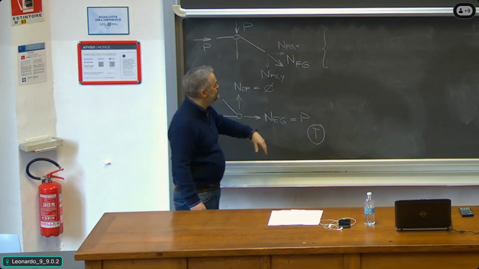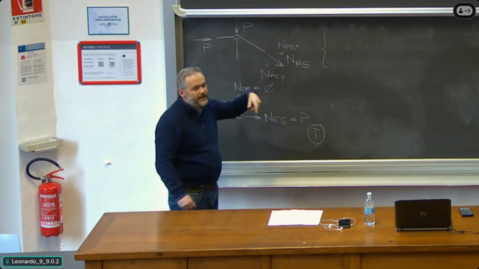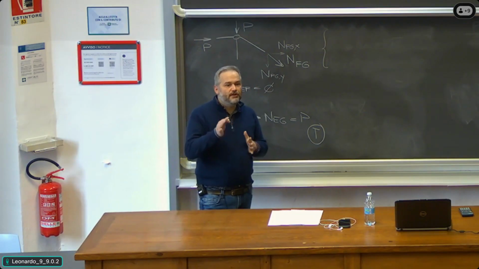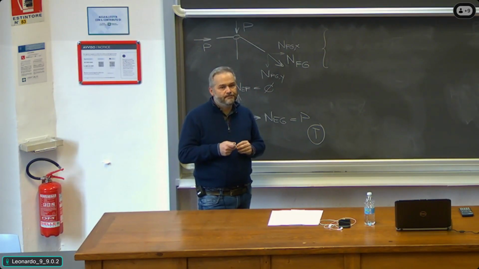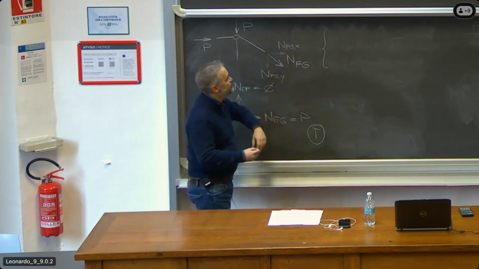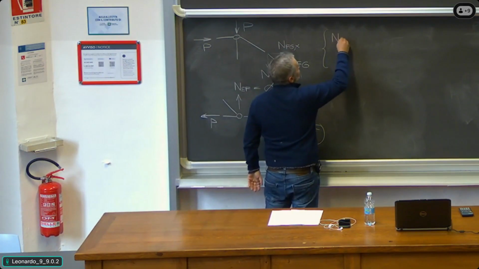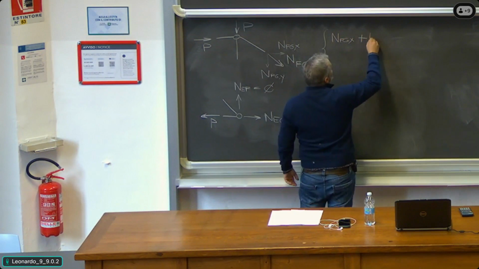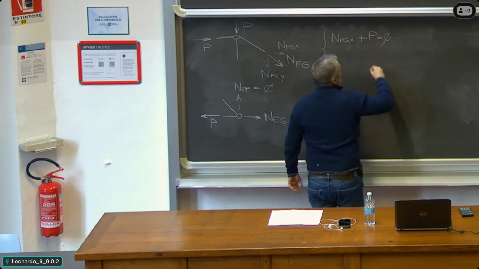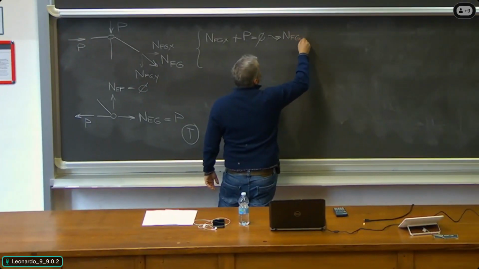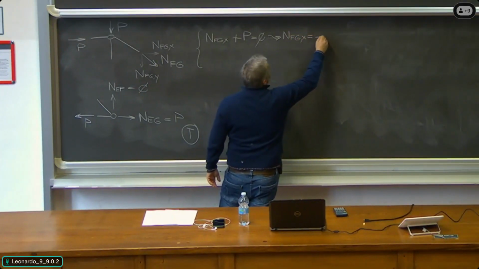First equation, let me ask you, should we start with horizontal or vertical equilibrium? It's the same, exactly. So we'll start with horizontal equilibrium by simply writing that NFGX plus P equal 0, which means NFGX equal to minus P.